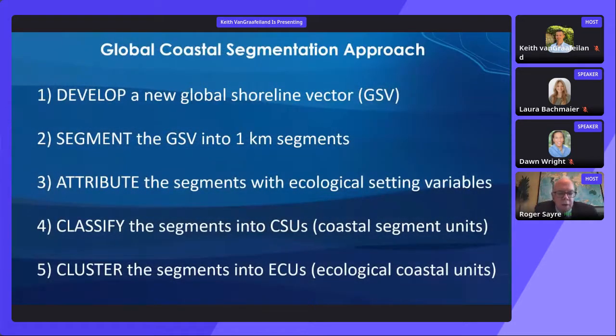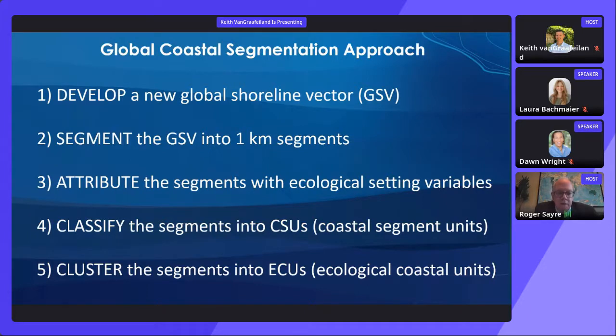So to characterize that diversity, we took a coastline segmentation approach to analyze differences in coastal properties. This approach involved first developing a new 30-meter resolution image-derived map of Earth's coastlines, which we call the Global Shoreline Vector, or GSV.